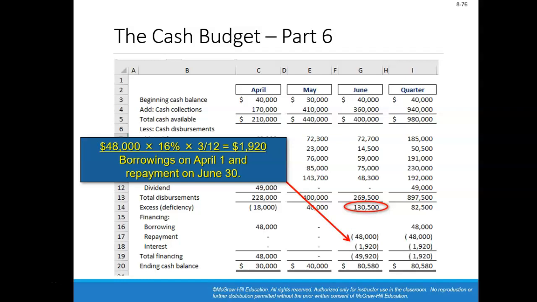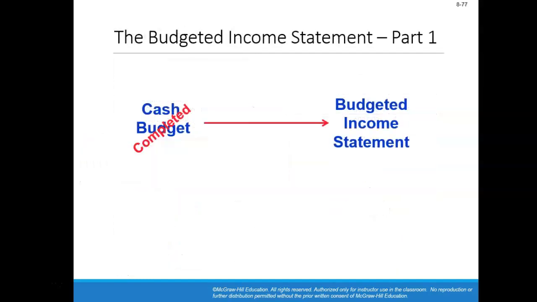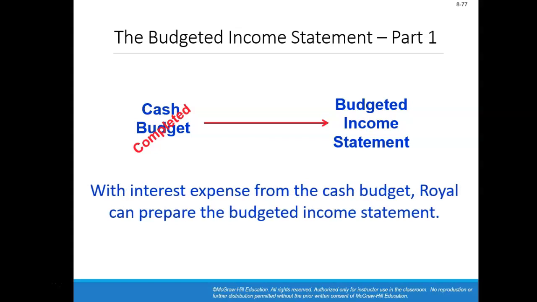So we have more cash at the end of this period, $80,580, than what we had at the beginning of the period, which was $40,000. Okay? So make sure you understand how to prepare what's known as a cash budget based upon the cash inflows and all of your cash outflows. Okay? So we're almost done.